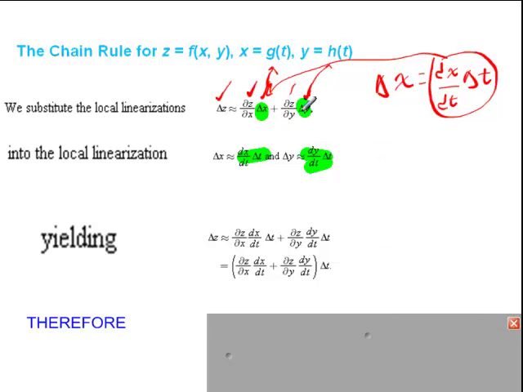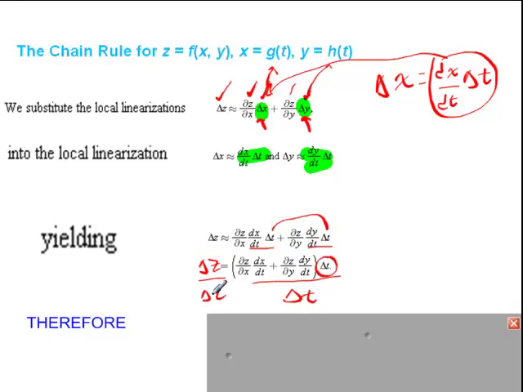So when we do the replacement, changing delta x into this and delta y into this, we can factor out a delta t, and then we're going to divide both sides by delta t.